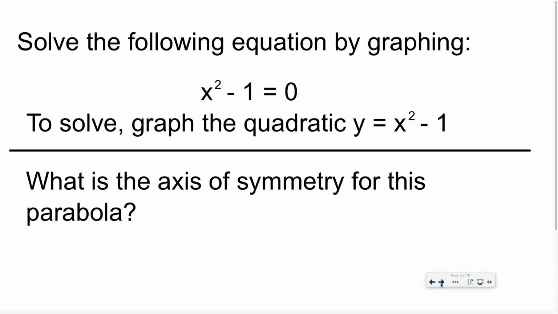Okay, so if we had this quadratic, x squared minus 1 equals 0. If I were to graph this, I would graph the function y equals x squared minus 1. Think about what we know about this quadratic right away. What is the axis of symmetry?